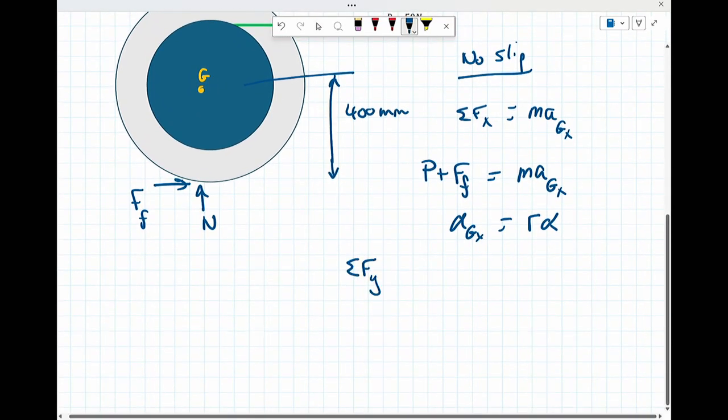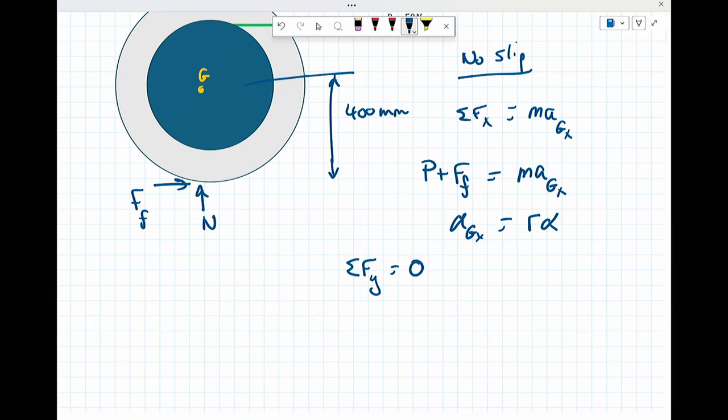One advantage I have in all of this is sum of forces in y is equal to 0, because this doesn't bounce. And where's my weight? If I have the weight, N minus mass of the spool times G equals 0.